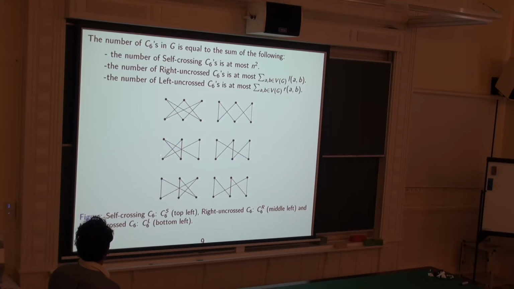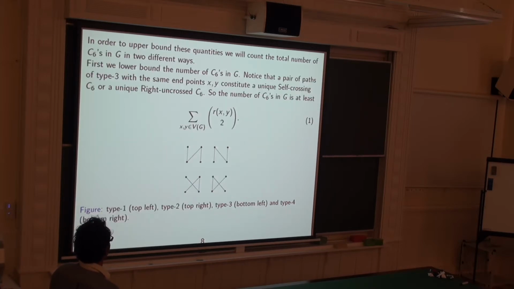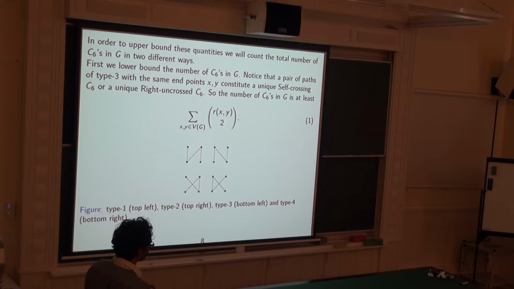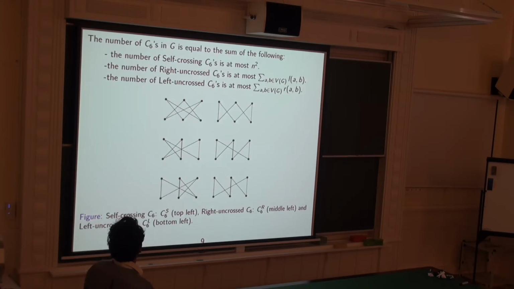Because if we put together two paths of this type, then we either get this one or, as you can see, this one. So these are the two possible C6s that you can get. If there are two paths with the same endpoints of this type, then it will be either what we call a self-crossing C6 or a right-hand cross C6, so basically this one or this one.